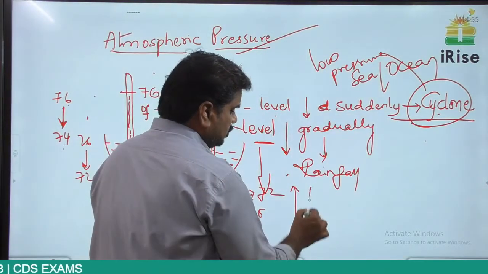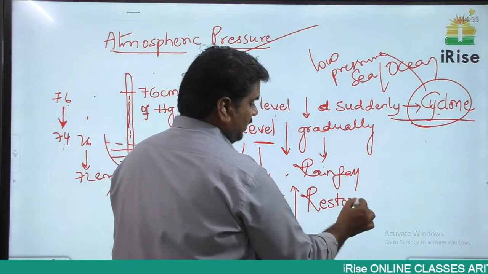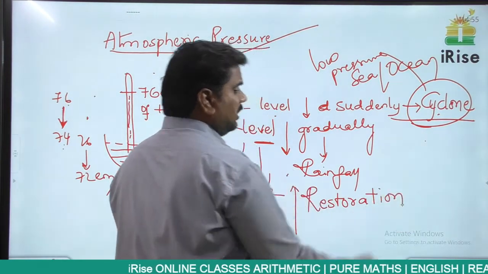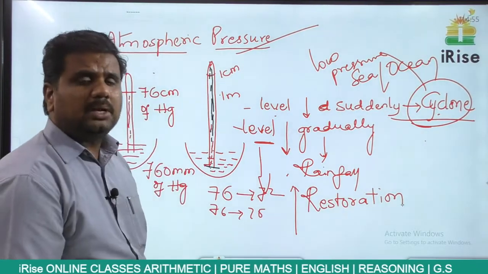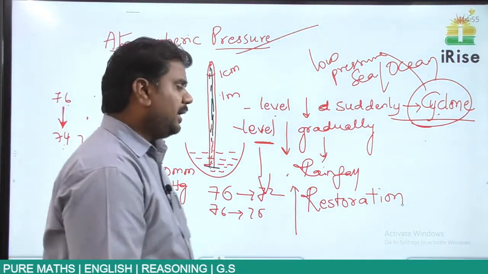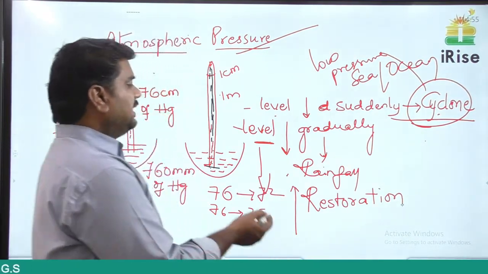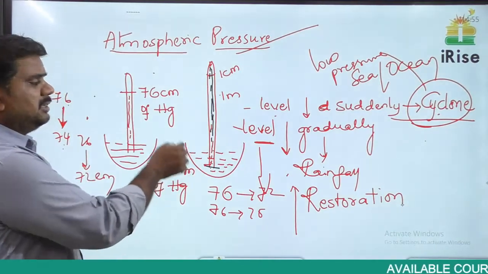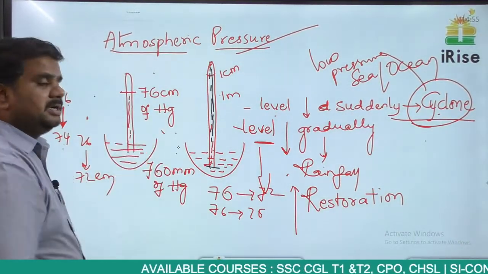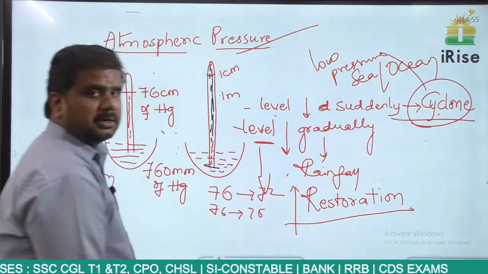indicates the restoration of normal conditions. If the level of mercury increases, it indicates the restoration of normal conditions. A simple, quiet, bright and sunny day is indicated by the increase in the level of mercury in the barometer from 74 to 76 or 72 to 76, which indicates the restoration of normal conditions.